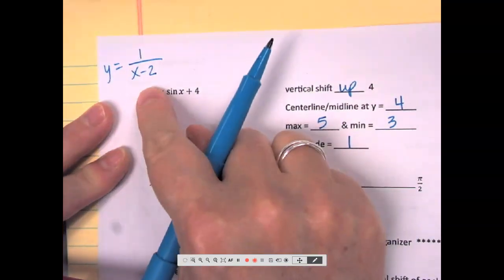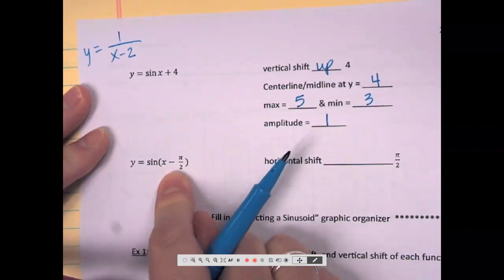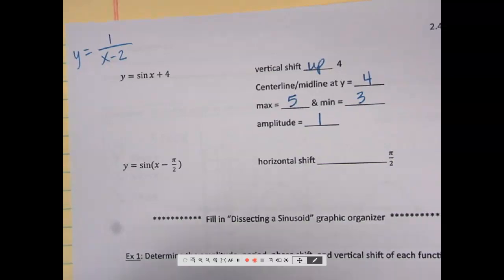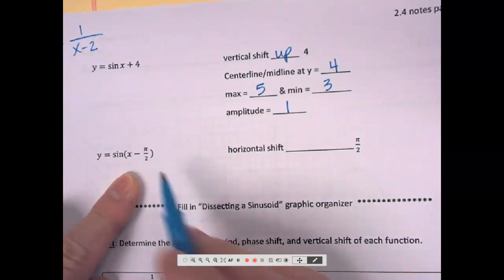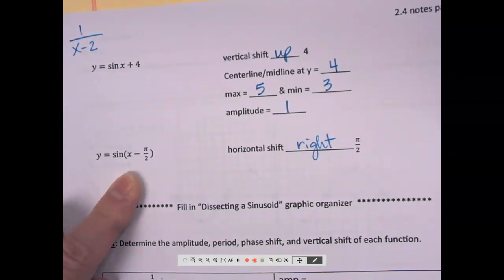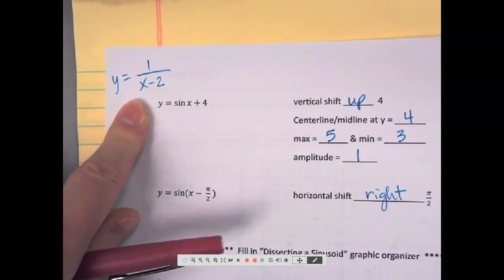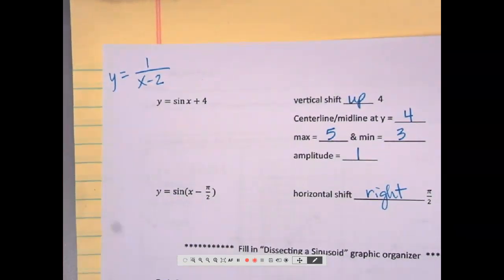What did that do to the graph? Right 2. It's the same change. It's where the x is, and I'm adding or subtracting something to it, and it has the opposite effect, just like this one went right 2. This one is going right pi over 2. Guess what would happen if I made that a plus? It would go left. These are the same rules that we used with the rational functions. No different.